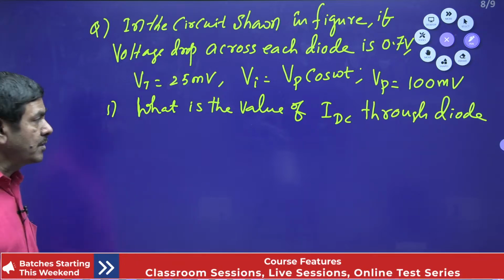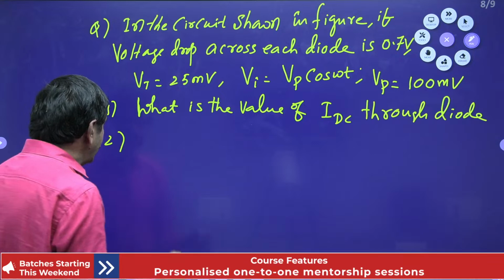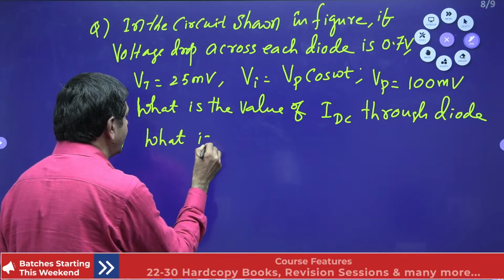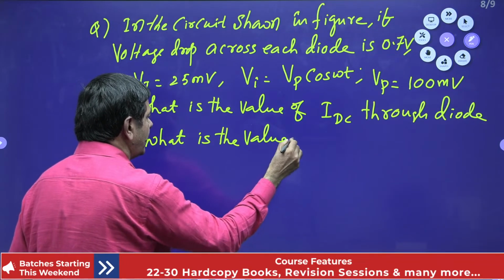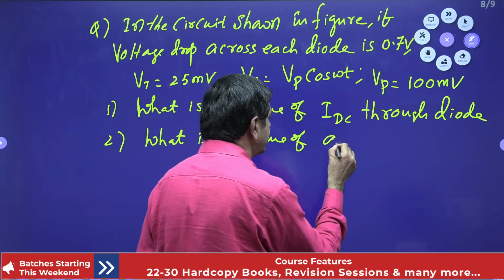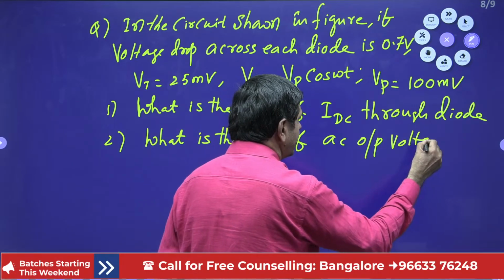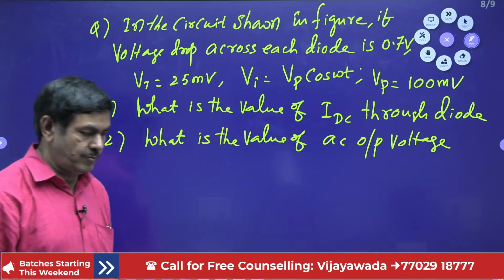What about the second question? What is the value of the AC output voltage? I gave formulas for both, IDC and how to find the AC output voltage.